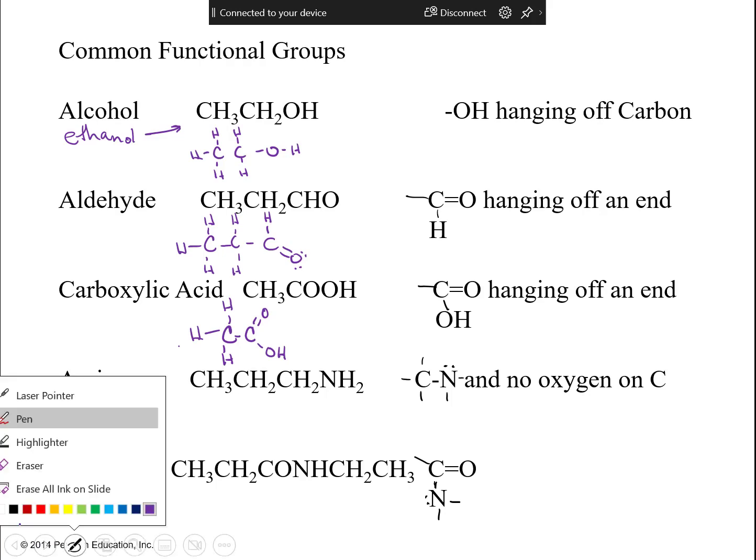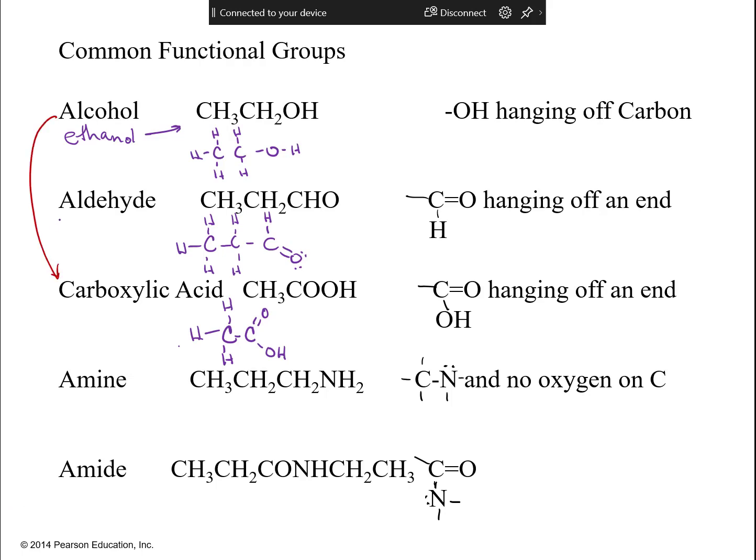But do you see how it looks like if I took an alcohol and an aldehyde and combined them? So the OH and the double bond oxygen are both off of the same carbon. That's a carboxylic acid. So an example of this, vinegar, is a carboxylic acid. CH3COOH is vinegar, acetic acid. The formaldehyde molecule that we looked at, that was an aldehyde.